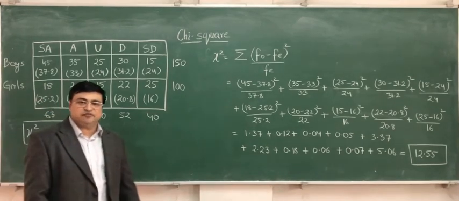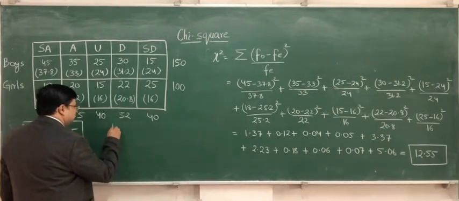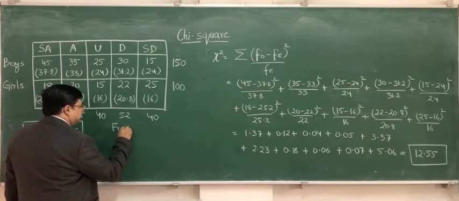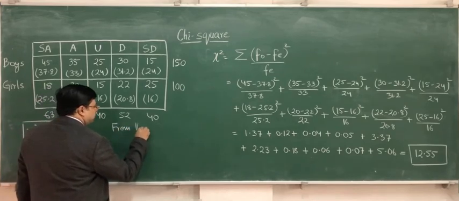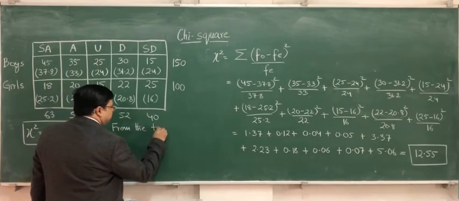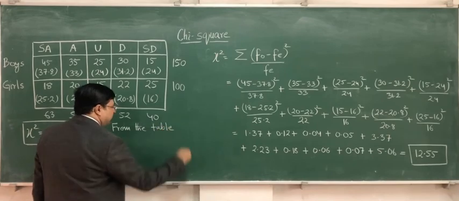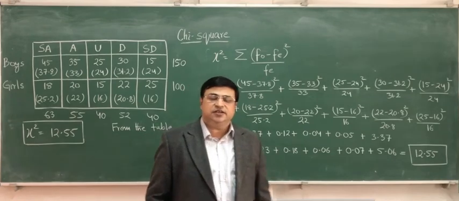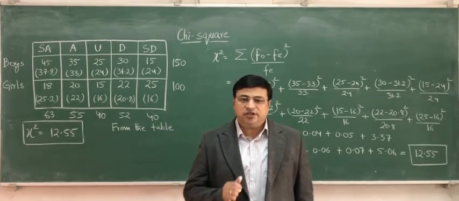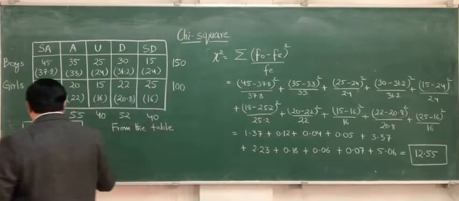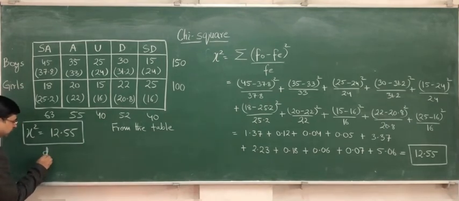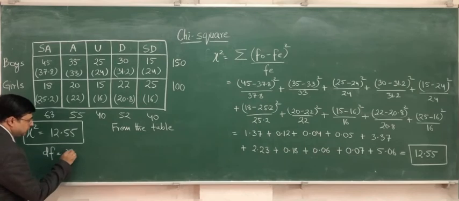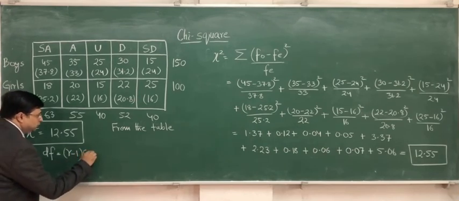Now we can check from the table. Before checking from the table, we have to find the degree of freedom. So degree of freedom is equal to R minus 1 into C minus 1.